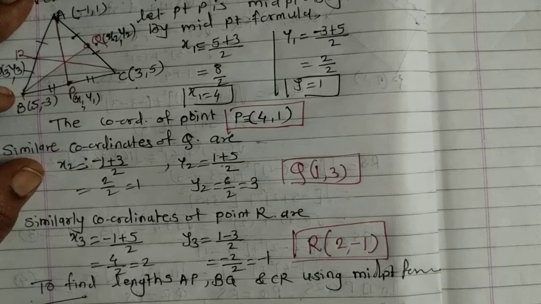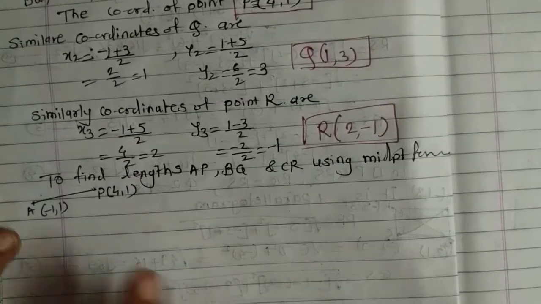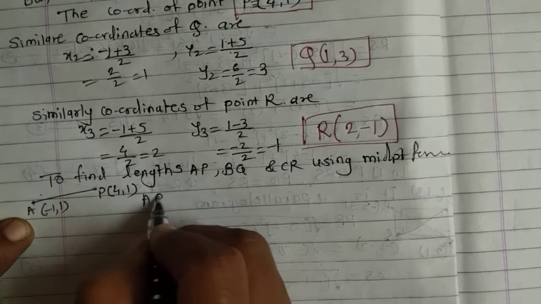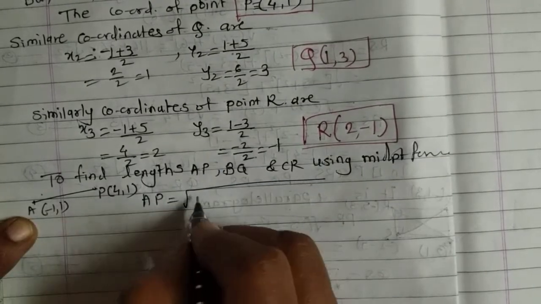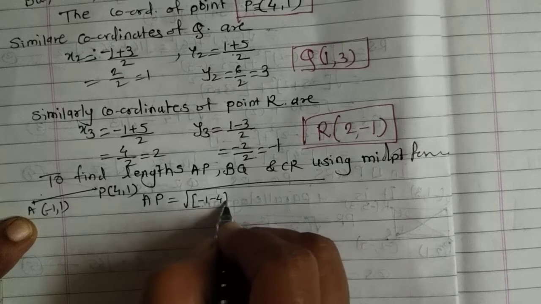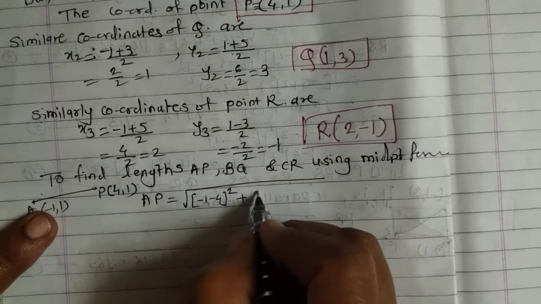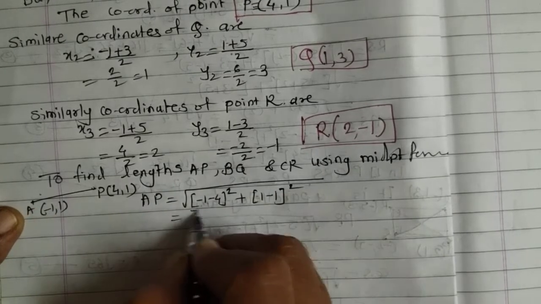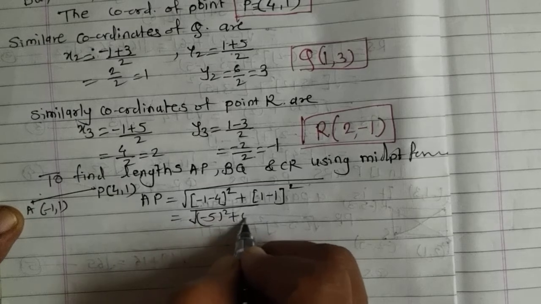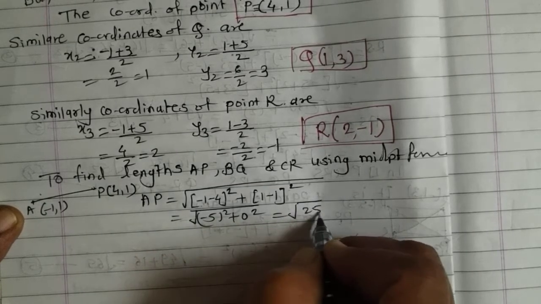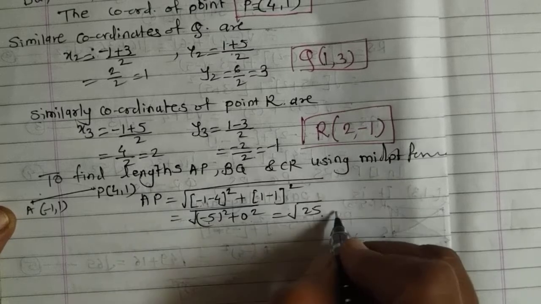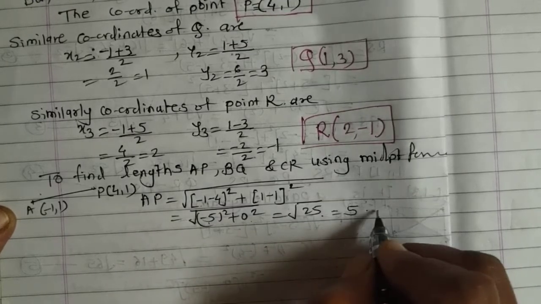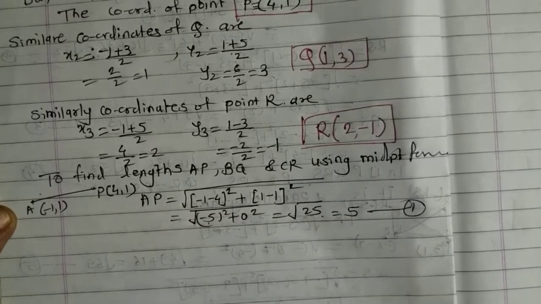Suppose A has coordinates (minus 1, 1), P has coordinates (4, 1). Now the length of AP is the square root of (minus 1 minus 4) square plus (1 minus 1) square, that is equal to root of (minus 5) square plus 0 square, that is root 25, that is equal to 5, and this is the first length, AP is equal to 5.